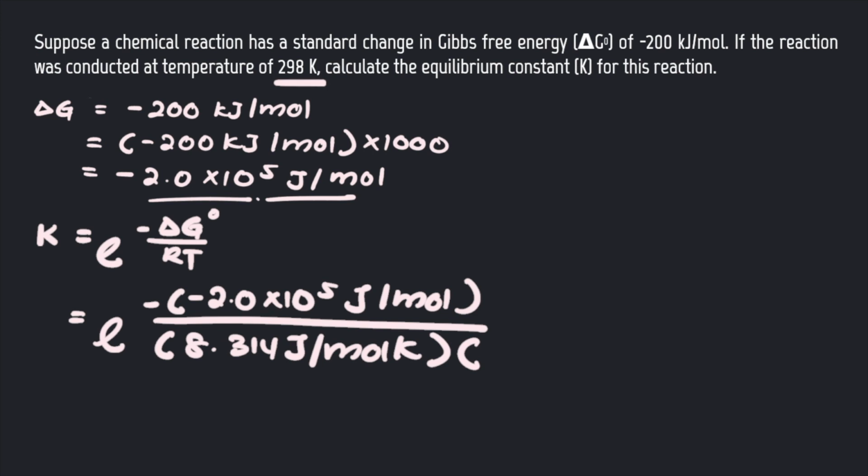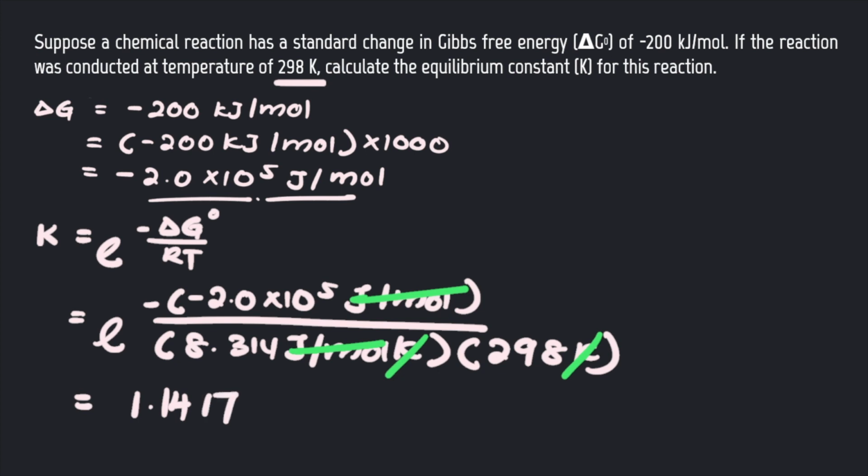And your temperature is in Kelvin already, 298 Kelvin. So now we can say that here we can slash out the Kelvin. Now joule per mole, and then here. So eventually you will get your value of K is equivalent to 1.1417 times 10 to the power of 35. So this is the final answer for your fifth question.